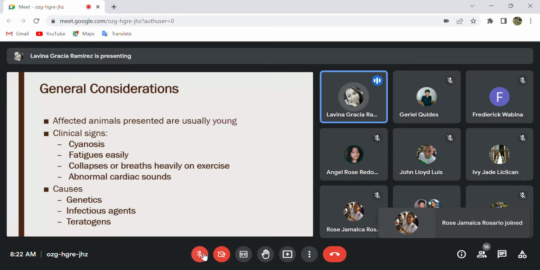So most of this, especially sa mga human, we have also the newborn screening, aside from congenital diseases that can be assessed. By that time, syempre may physical assessment na ginagawa dun sa tao. So in the animal, most of the assessment can be seen.